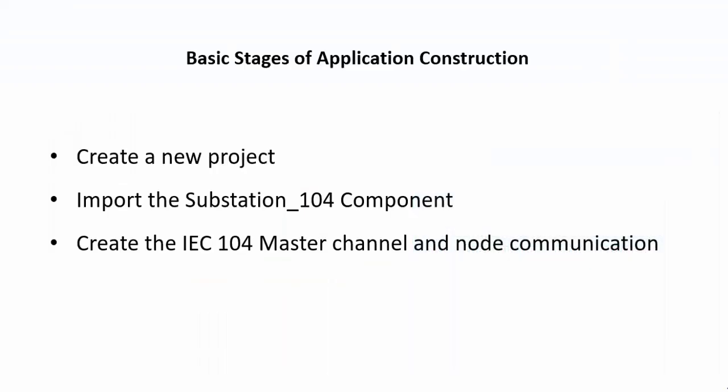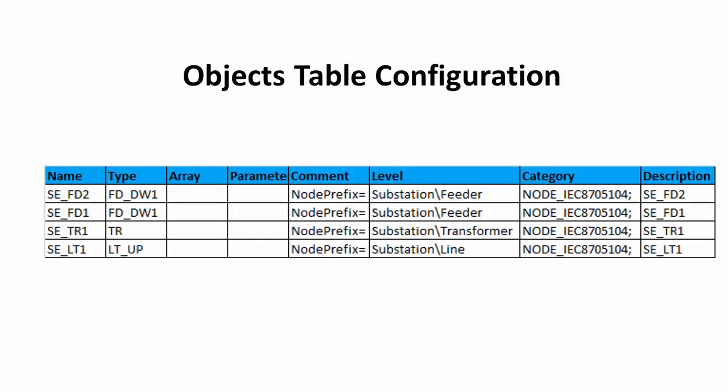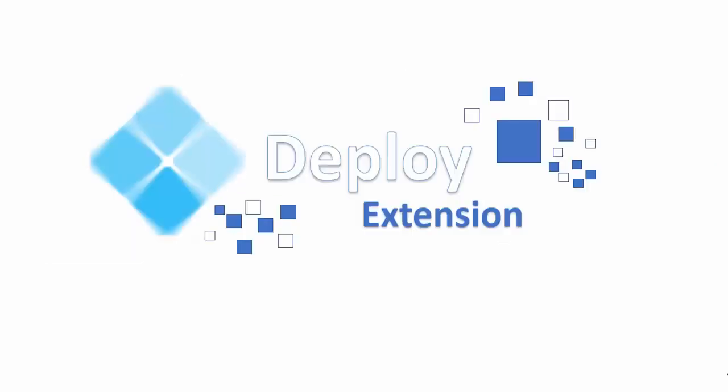As in the previous project, we must perform the same steps, that is, create a new project, import the component, create the channel and the communication node, perform the base configuration step, as shown. Then run the extension deploy. The structure is similar to the previous project, just follow the following steps.